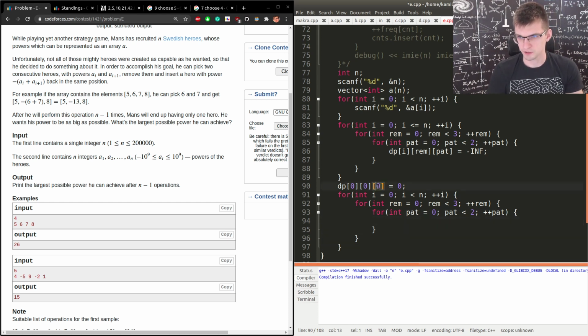And by default it is true. At the end I don't want this to be true. Actually, let's put it like that. If n is odd, then put this value to be true, and I want at the end this to be false. At the end I will need dp of n something 0.